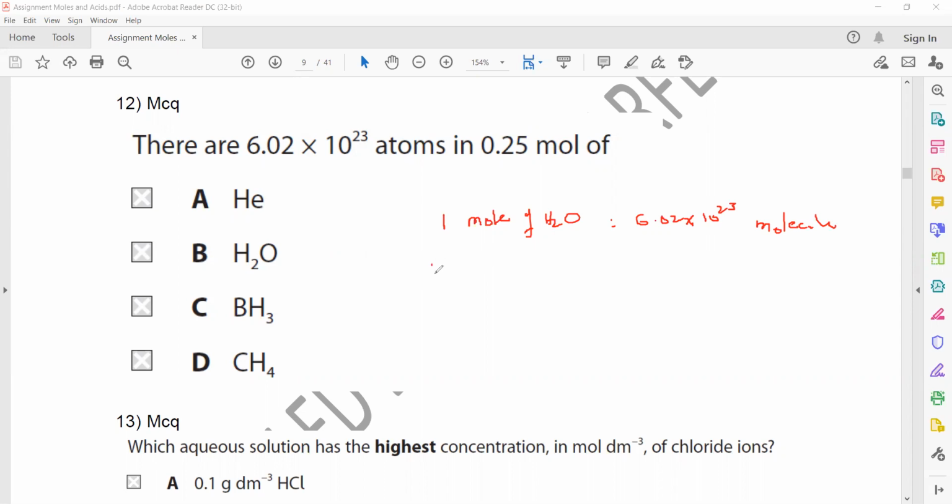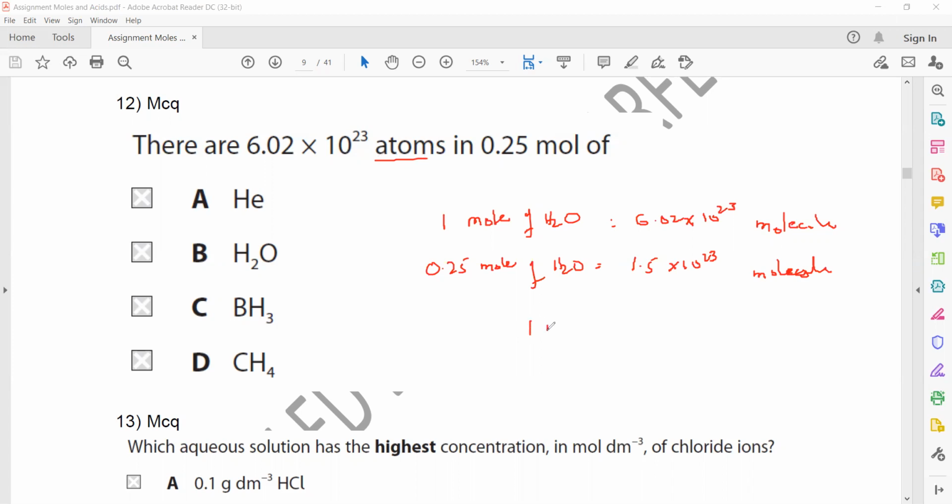So when we work out 0.25 moles of H2O, how many molecules will be there? 0.25 multiplied by 6 exponent 23 gives about 1.5 into 10 to the power 23 molecules. But the question is asking for atoms. So how will we work that out?